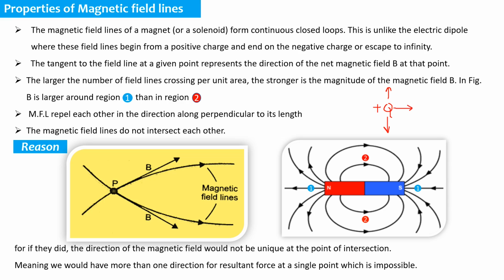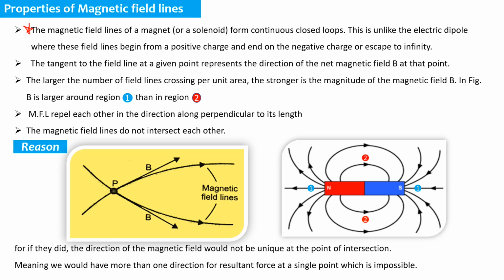If there is no negative charge in the vicinity, these lines would extend up to infinity. But a similar case does not happen with magnetic field lines. So this statement concludes a very simple thing: a magnet with a single pole does not exist, while positive and negative charges can exist separately. Okay, so I hope you understand this point. This is a very crucial point.